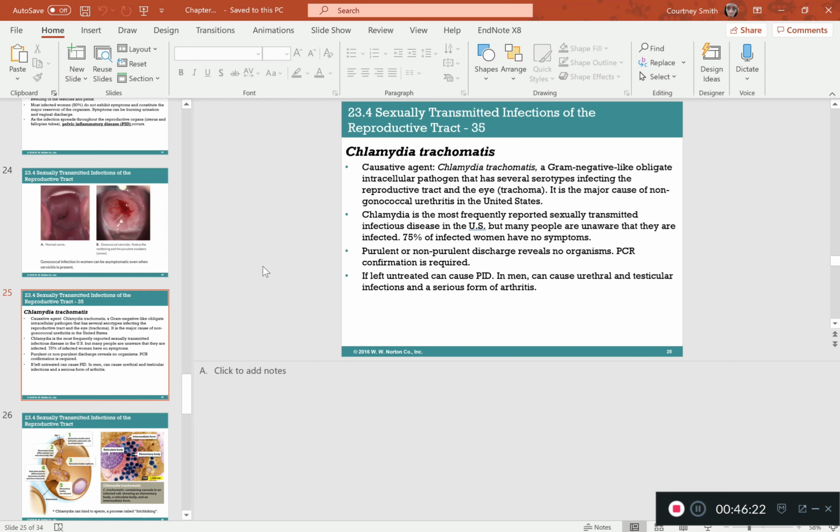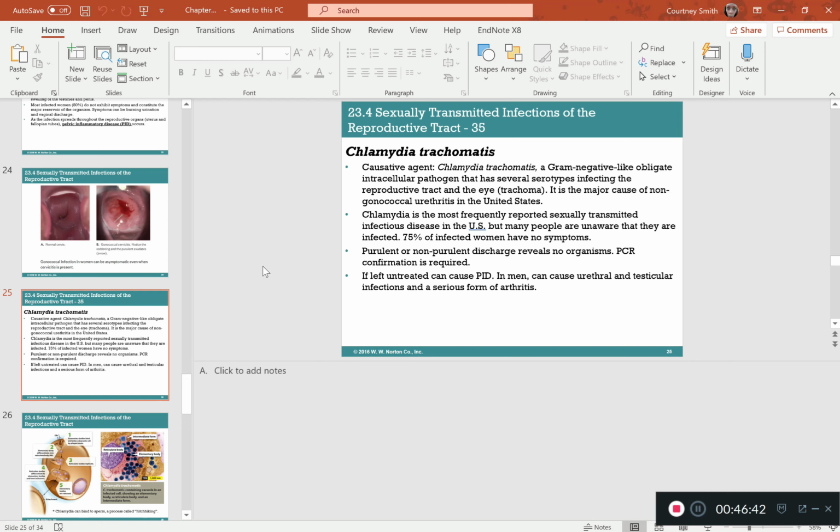So that's chlamydia. Chlamydia is probably the most documented of all STDs. But a lot of people show no symptoms. They don't even know that they are infected. But if one does notice something, a lot of times it's discharge.